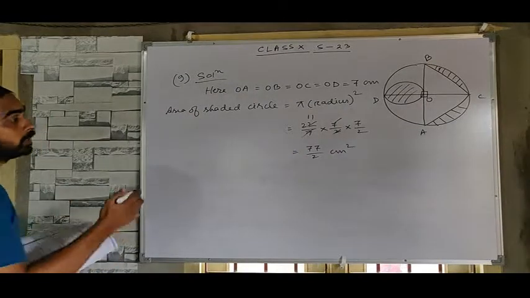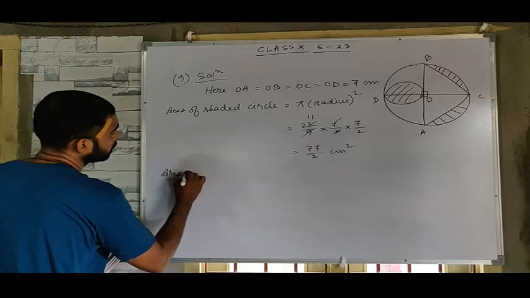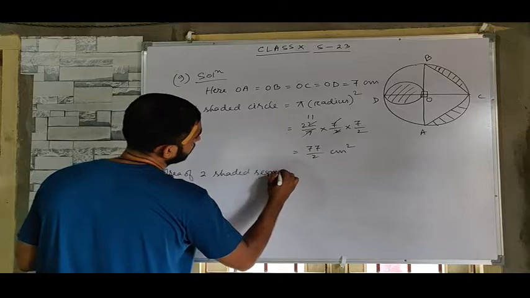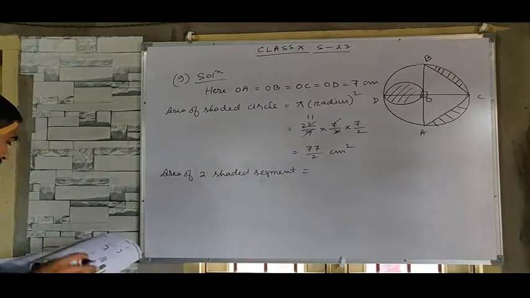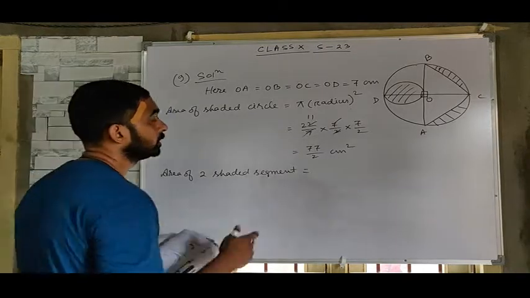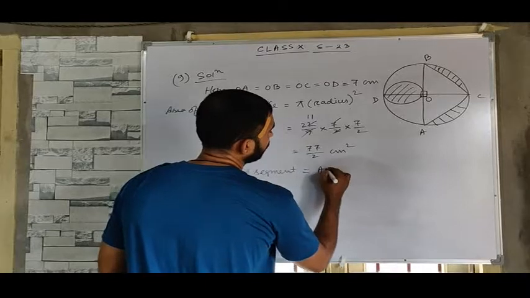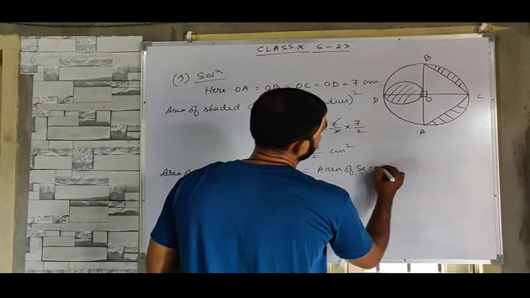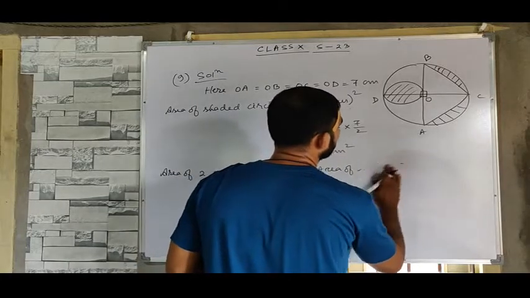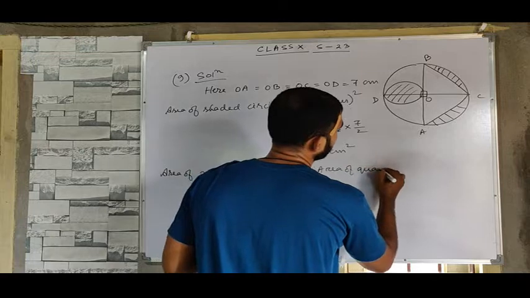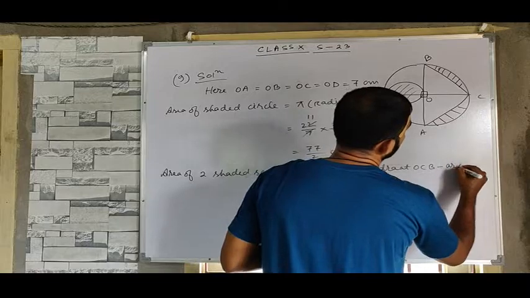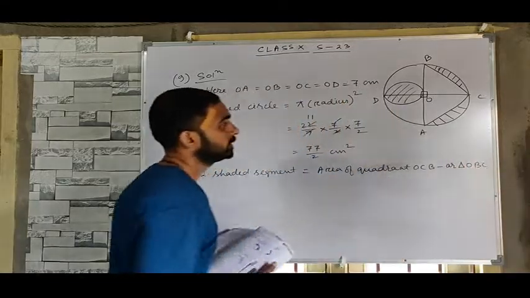So area of 2 shaded segments equals 2 times the area of sector OCB, or area of quadrant OCB, minus area of triangle OBC.